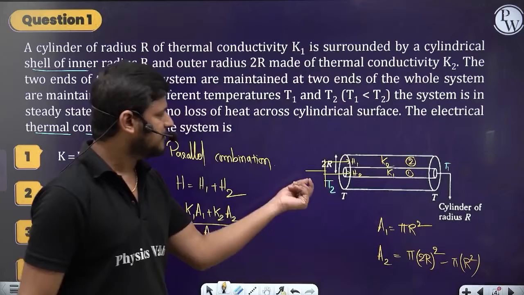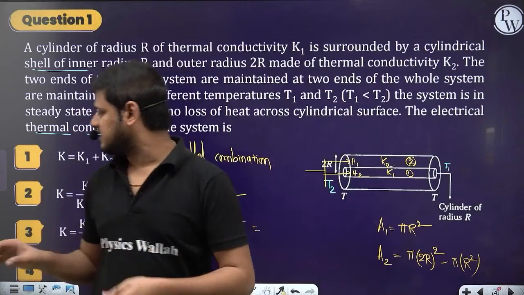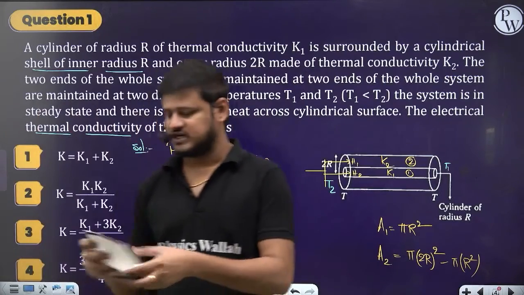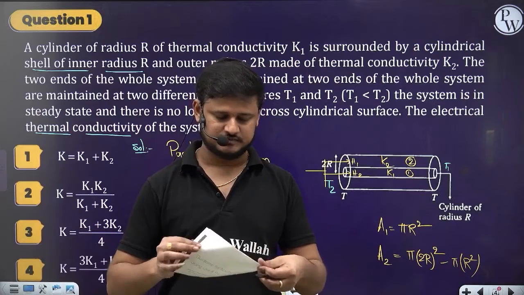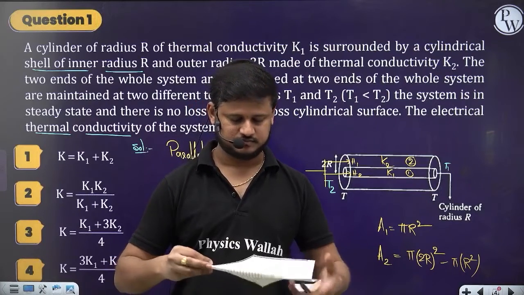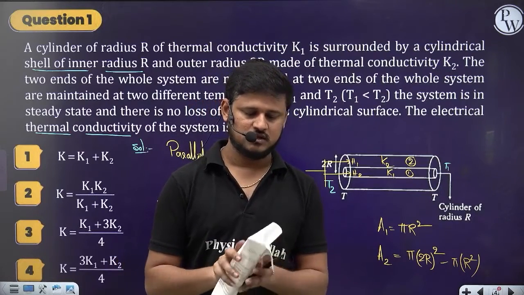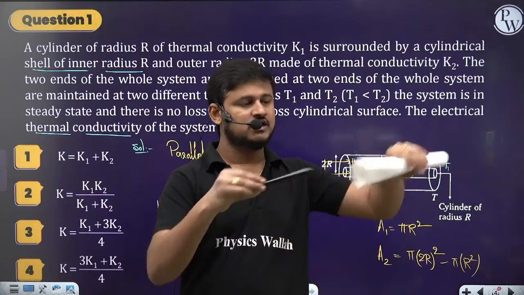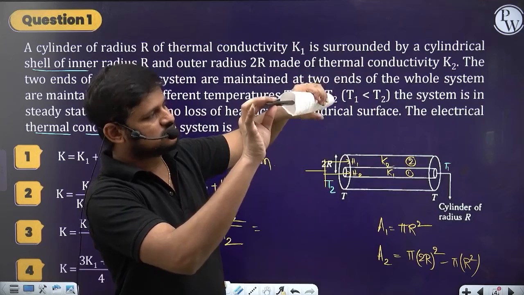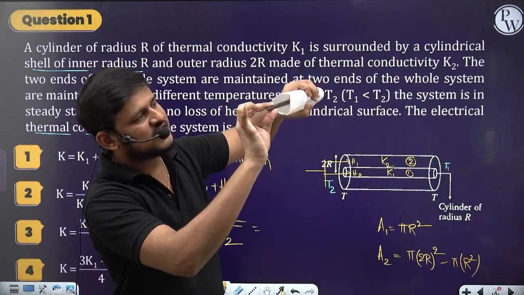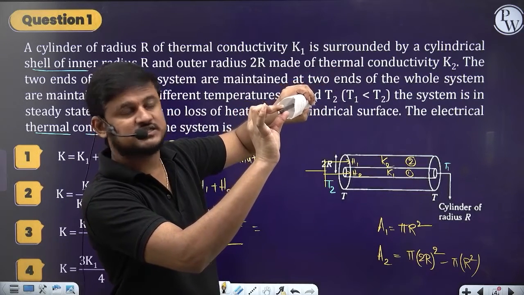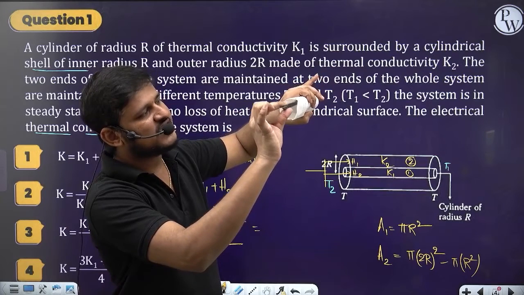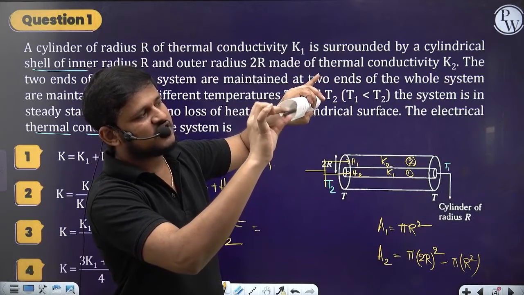Understood this part? Just imagine this is a whole conductor. This is the whole shell, and this is the conductor which is placed in it. If you have to find the area of this shell, what do we do?